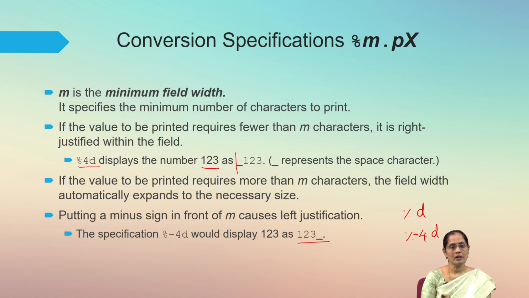If the field width is lesser than the number of digits which we want to display, say for instance, I am displaying using 2 places, the field width which I am specifying is only 2, but the number which I want to display has 3 digits, no matter, it can just expand its field width automatically. So, we will get the value 123 even if the field width is lesser.